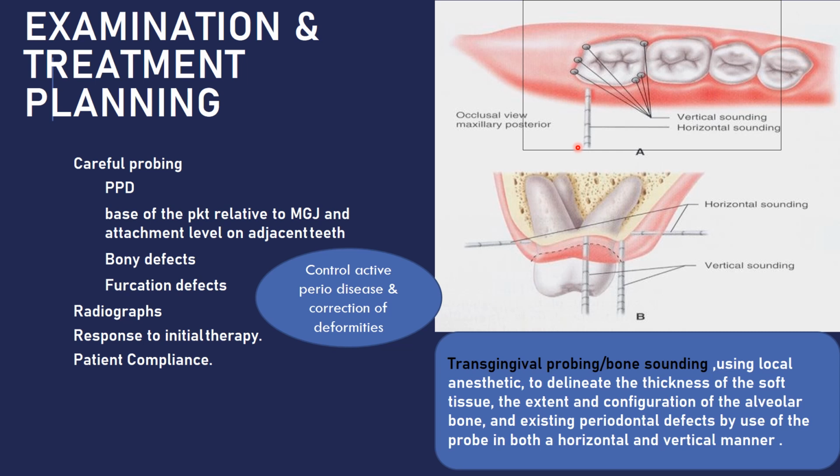This helps to delineate the thickness of soft tissue, the extent and configuration of the alveolar bone, and existing periodontal defects by use of the probe. So this is done in the horizontal way and the vertical way, and it can be done immediately before the surgical intervention. The treatment planning will be based mainly on controlling active periodontal disease and correcting deformities.